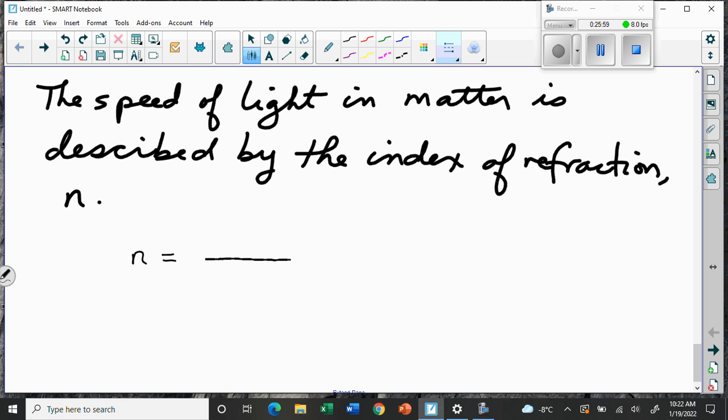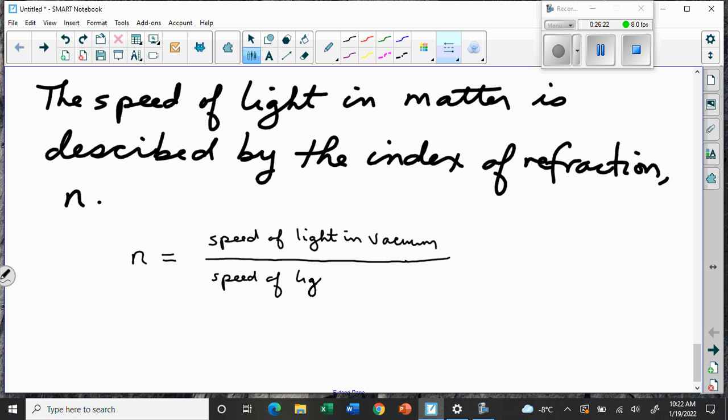And on top of the fraction, we're going to have the speed of light in a vacuum. And then we're going to compare that to the speed of light in the matter. And we're going to use shortcuts for these long sentences.